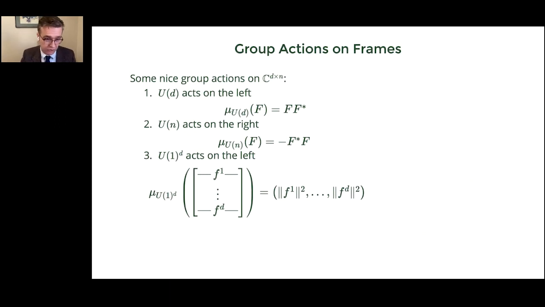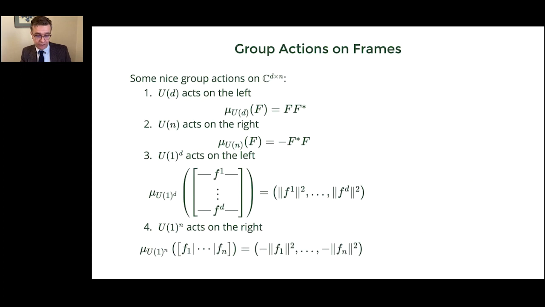My notation with the superscript indices indicates the rows. So the moment map of this left diagonal torus action records the squared norms of the rows. And if I act by diagonal unitary matrices on the right, then that records the squared norms of the columns. And again, that's something we've seen before.